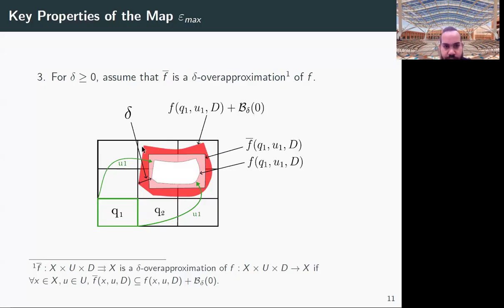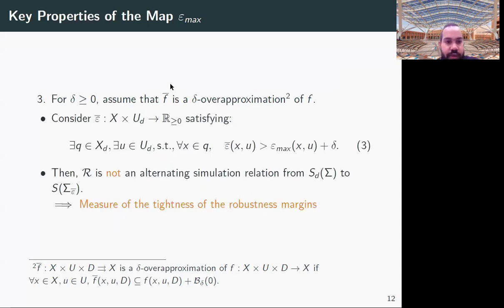So if f bar is a delta over-approximation of f, we have the next property.